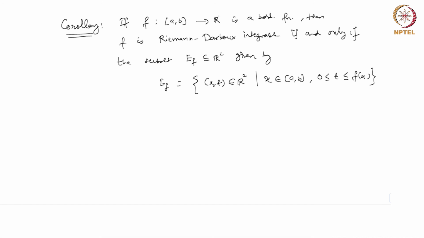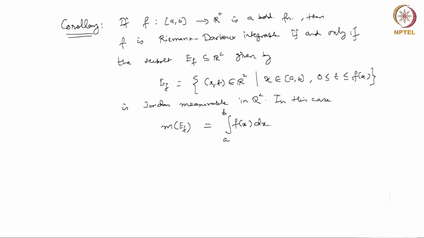So here let me take only positive reals, R plus, so f only takes non-negative values. So this subset is Jordan measurable in R^2. In this case, the Jordan measure of E_f is exactly the Riemann integral of f(x).